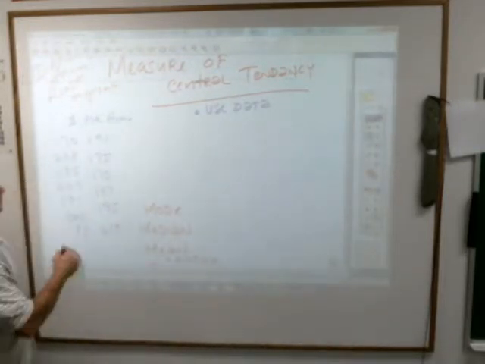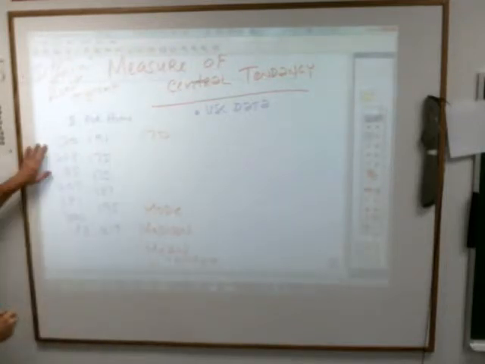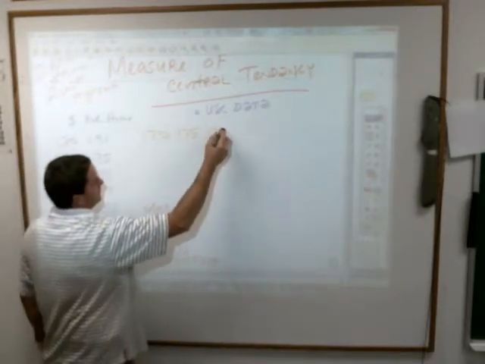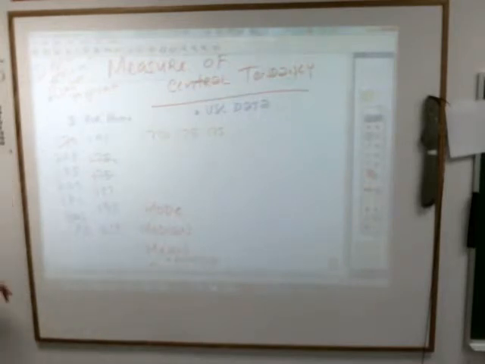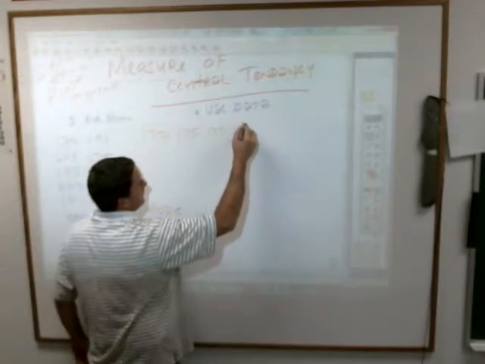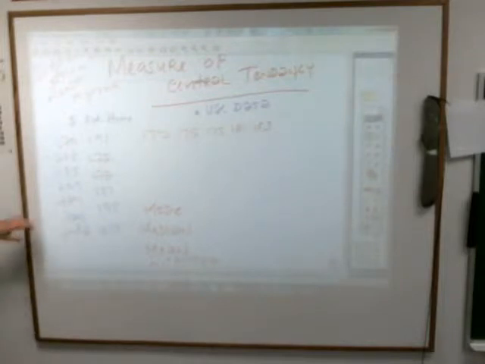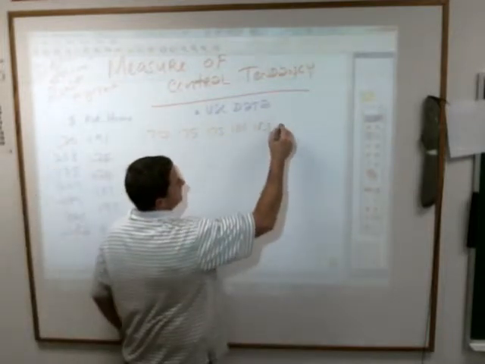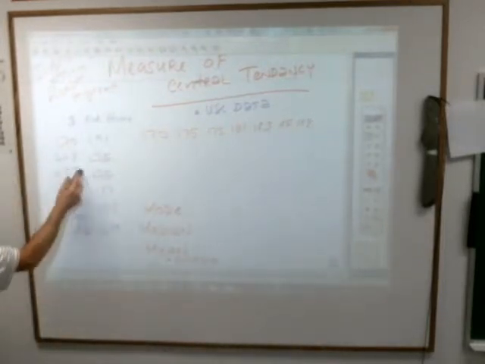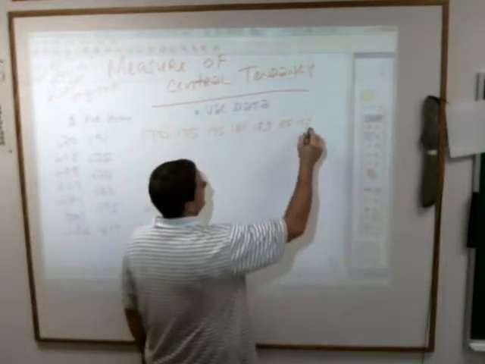So here we go. From least to greatest, the smallest one is 170. And then it goes to 2 175s. That gets rid of these 2. Then we go 181, 183, 185, 187, 191, 195.